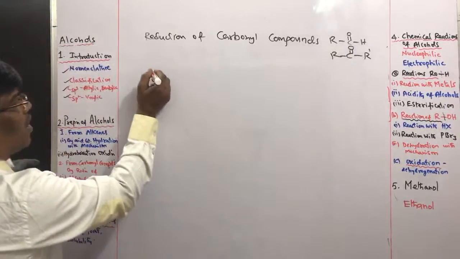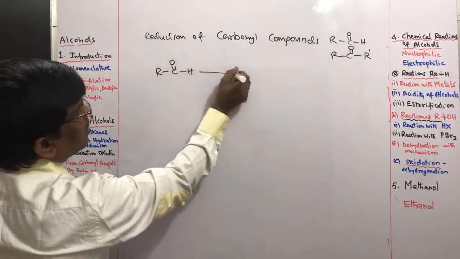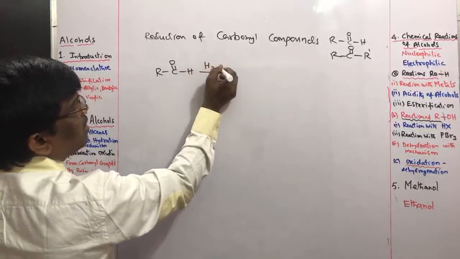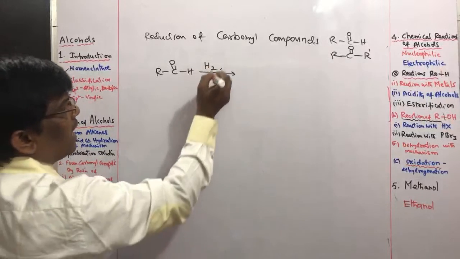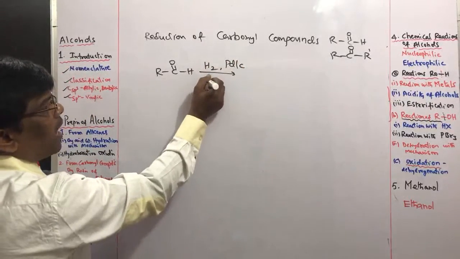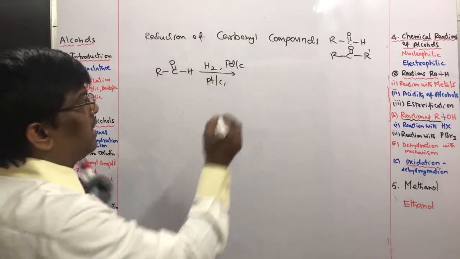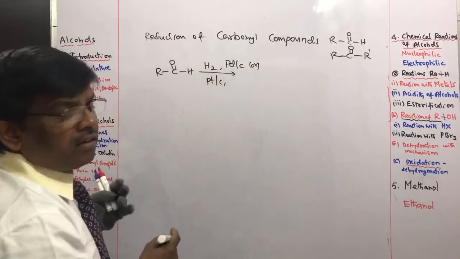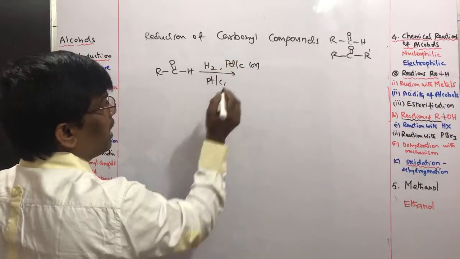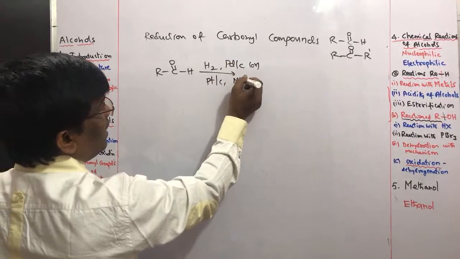So reduction of aldehyde, by what are the methods? I can do the reduction by simple catalytic hydrogenation using palladium on carbon or platinum on carbon or Raney nickel. Yes, friends, I can use any metal catalyst, that is palladium, platinum and Raney nickel.